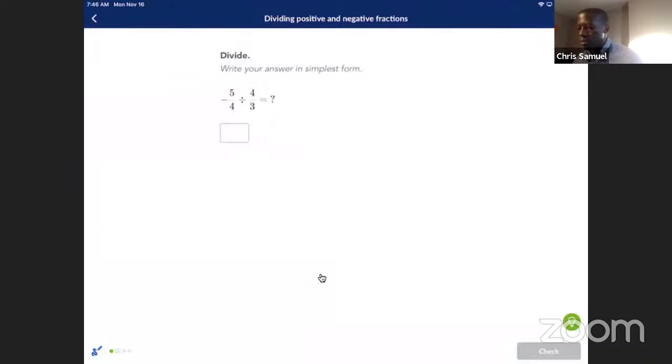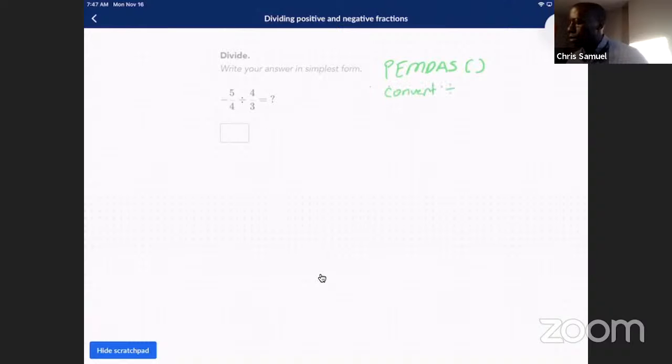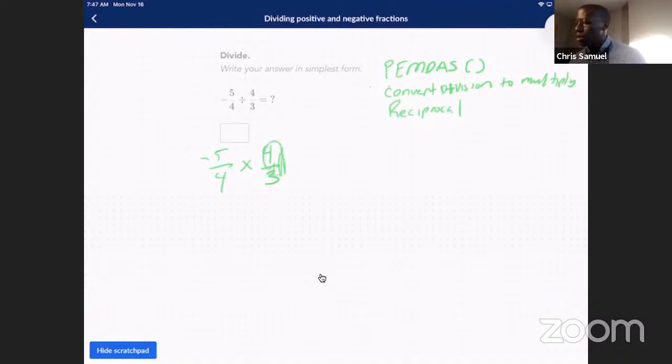The next one. Okay, run the function, appendix. And then you convert division to multiplication. So it comes like this. Then we do the reciprocal of this.